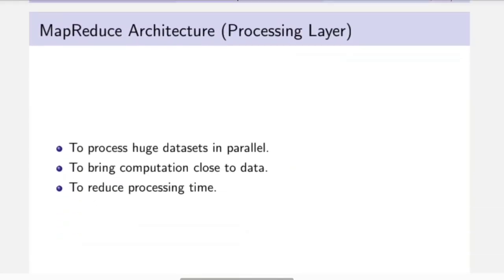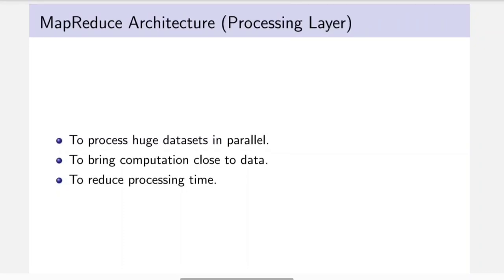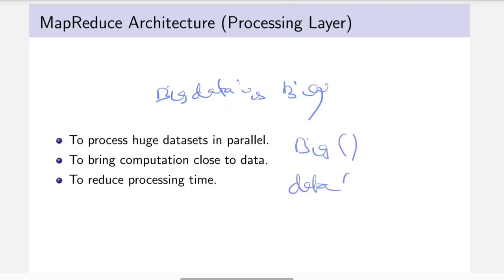Okay, now moving on to MapReduce architecture. MapReduce processes large student data in parallel. If I say big data is big, it will map every word: big, data, is, big. Then it will shuffle and reduce.